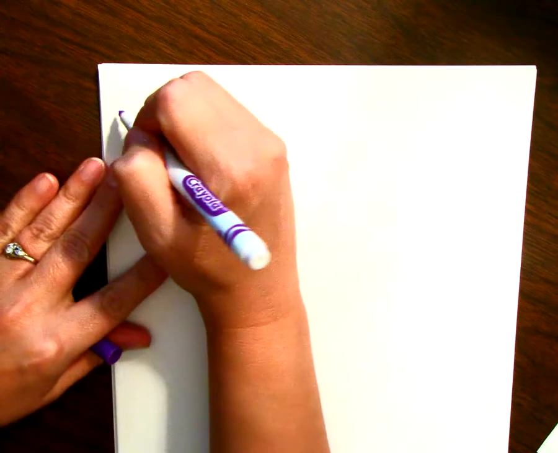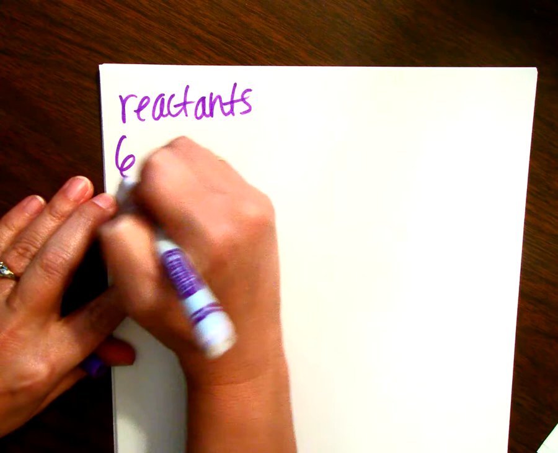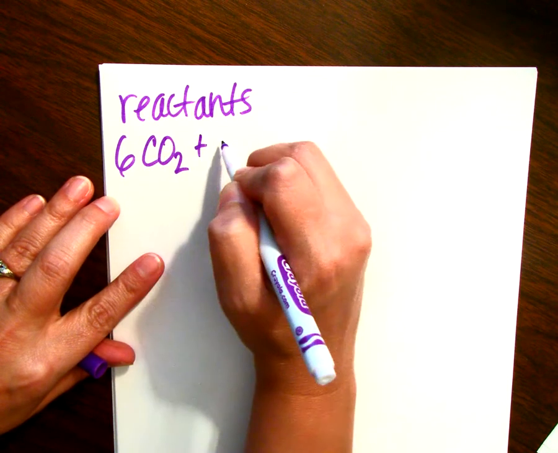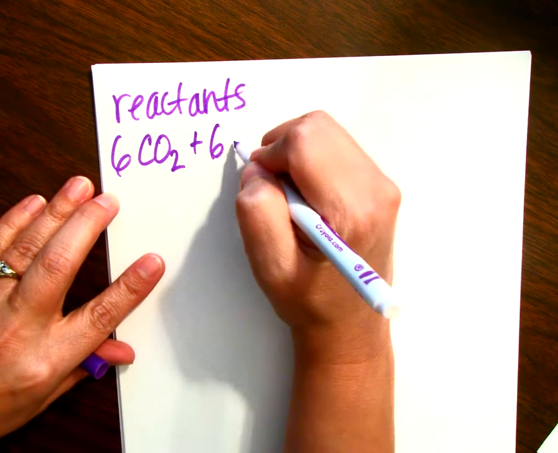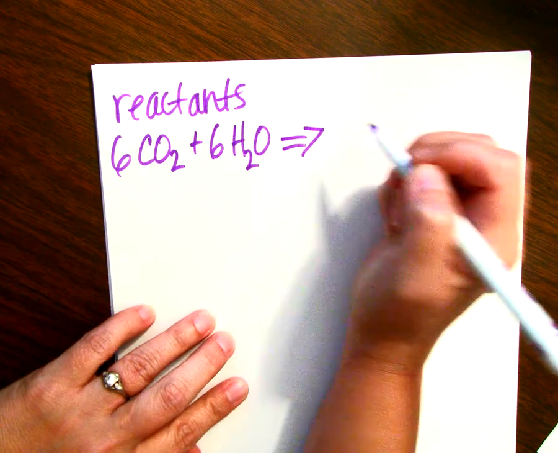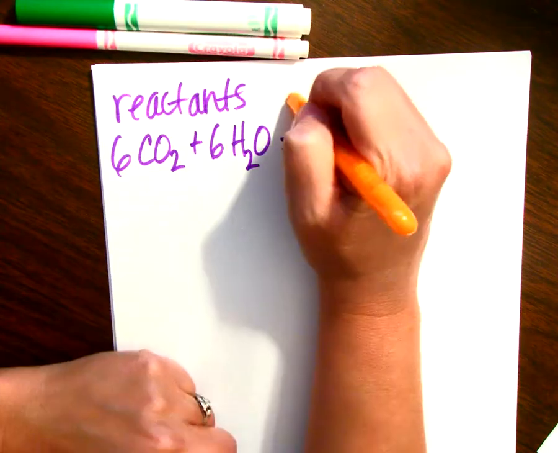So we have our reactants, 6 carbon dioxide, and 6 molecules of water, fueled by the sun. Okay, this is the radiant energy, the sunlight.